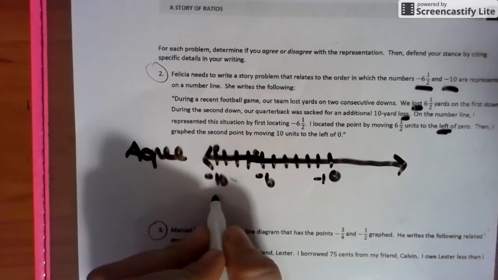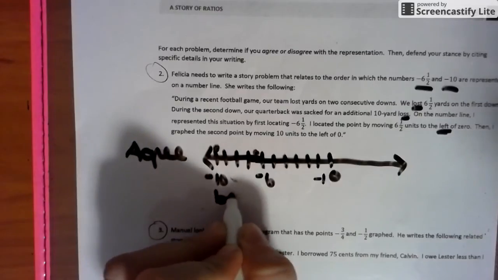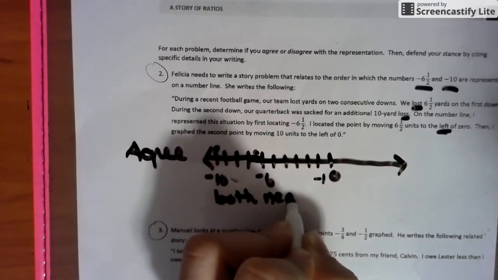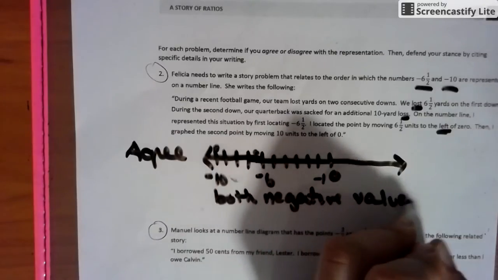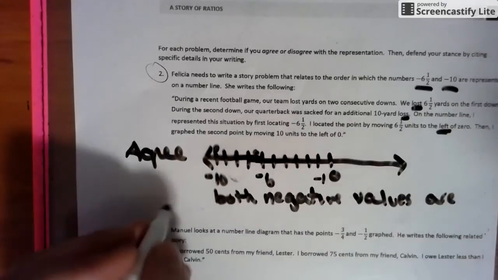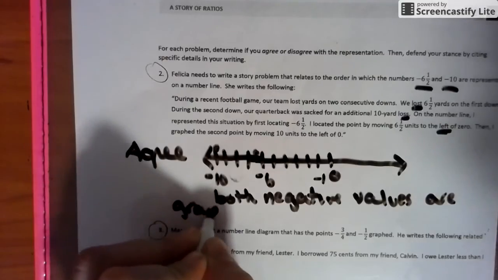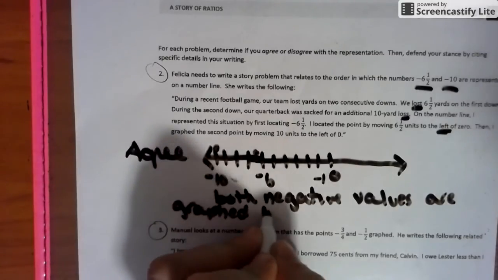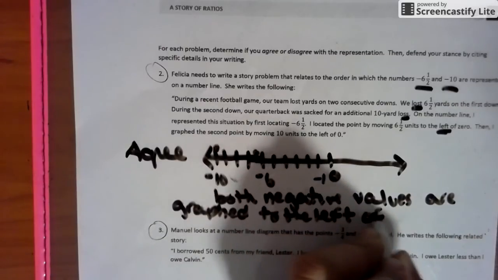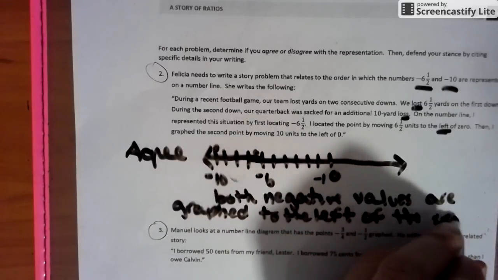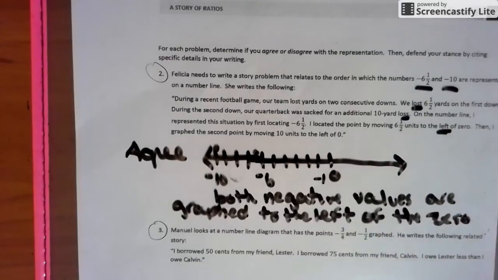We agree because both negative values are graphed to the left of the 0. So we know that she was right in that case.